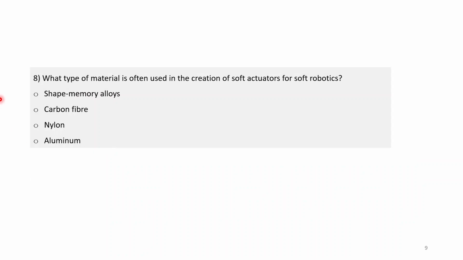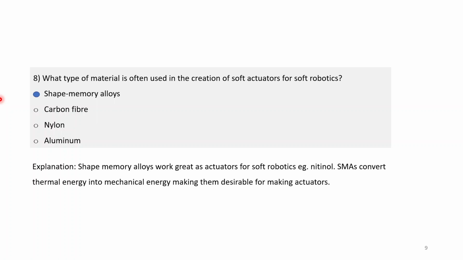Next is, what type of material is often used in the creation of soft actuators for soft robotics? Options are shape memory alloys, carbon fibers, nylon, and aluminum. So the answer will be shape memory alloys. They convert thermal energy into mechanical energy, making them desirable for making actuators.